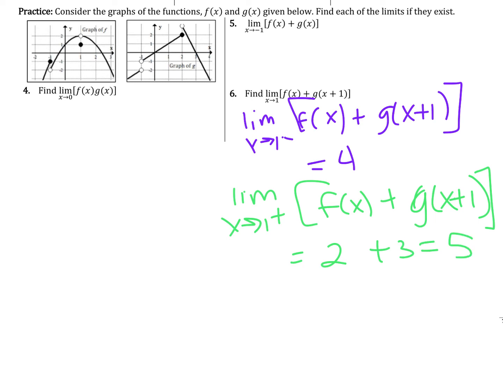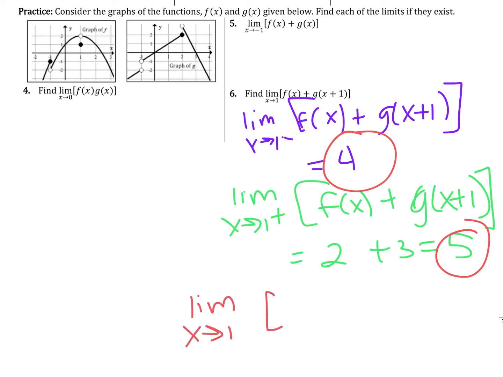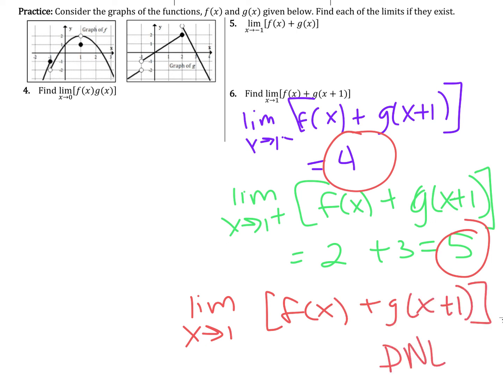So this is going to be 5. So notice these are not the same. Because they're not the same, we can say the limit as x approaches 1 of f of x plus g of x plus 1 does not exist because both the left and the right-sided limit have to be the same.